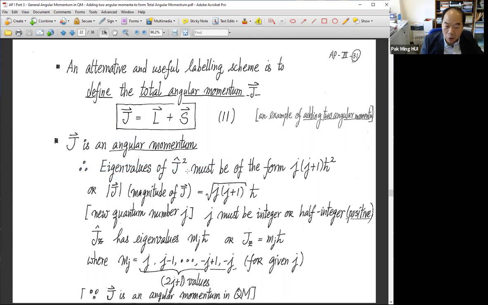Therefore, we expect the magnitude squared to have this form. The question is, what is this small quantum number j? We have yet to state the rule, but we know that it must be of this form and more. The Z component must be of this form.